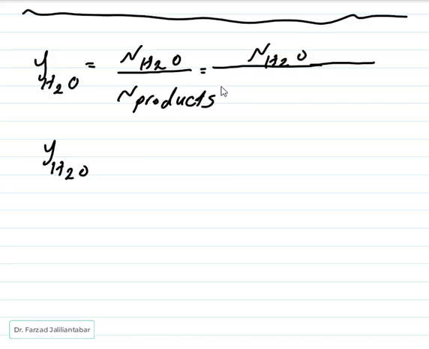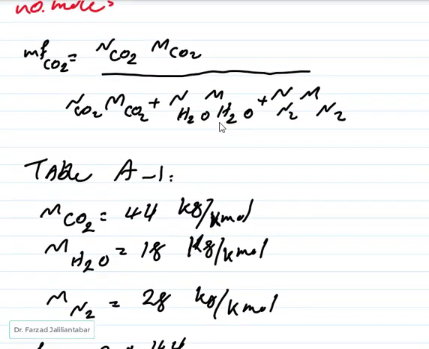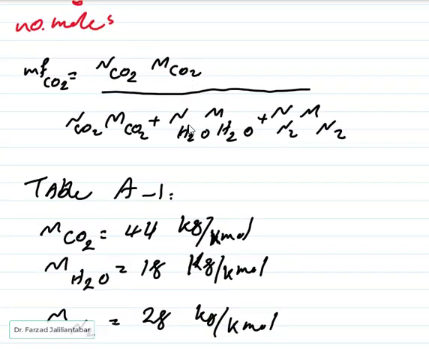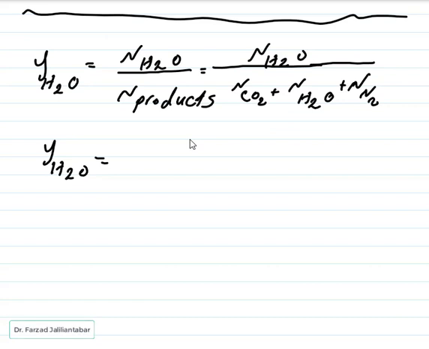So we can write simply like this: mole of CO2, mole of H2O, and mole of nitrogen molecule. We just substitute their values according to the balanced equation here.